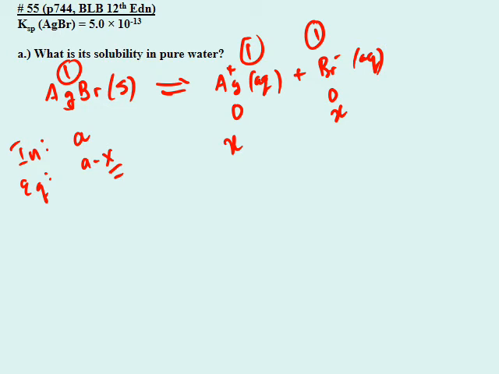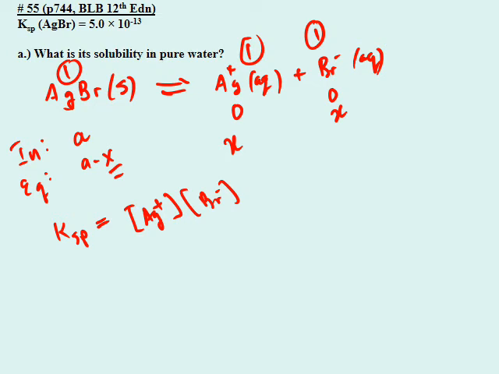So now I can set up the KSP expression. KSP is the equilibrium constant, but since we're dealing with solubility, we call it the solubility product. It's given by silver plus concentration times Br minus concentration, raised to the power 1 because I have a 1 to 1 reaction.